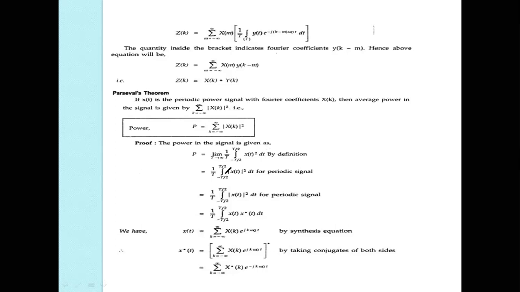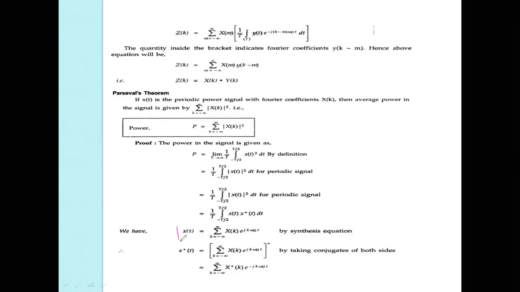As it is a periodic signal, I take 1 by T, integral from minus T by 2 to T by 2 of the squared magnitude of x of t dt, and I change this squared magnitude of x of t as x of t x star of t dt.